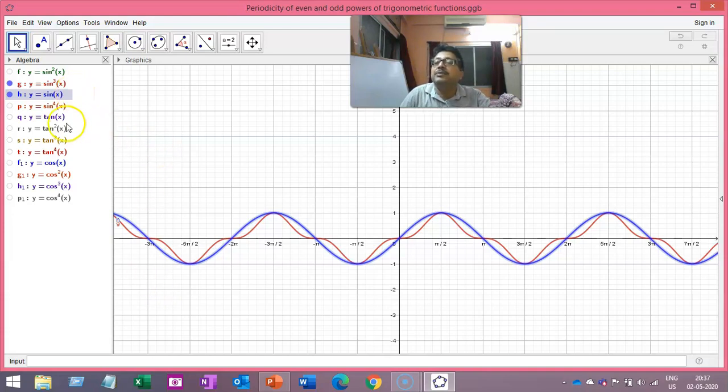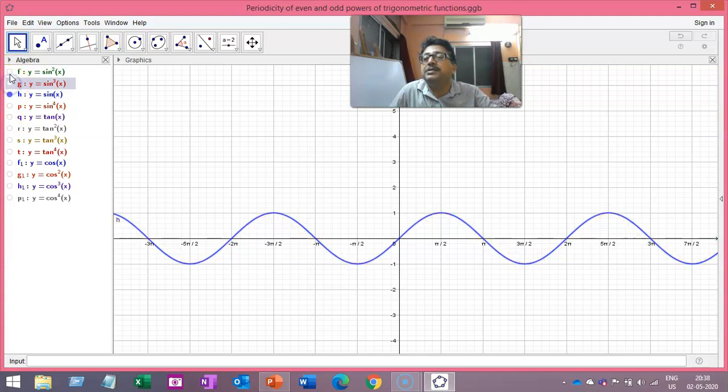Sin square x, we have seen that period will be pi if sin x has period 2 pi. Here I am showing you sin cube x has same period as that of sin x. In fact, this is true for sin to the power 5x, sin to the power 7x. When the index is odd, the period of sin x and sin to the power n x will match. But if it is even, it will become half. Similar is the case for sin to the power 4x and sin square x.